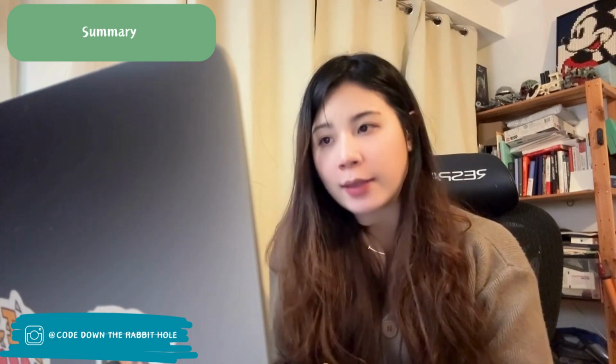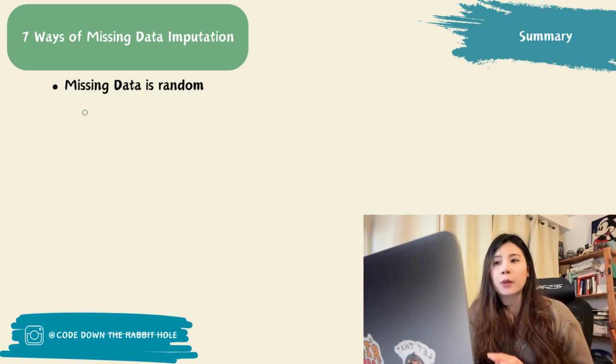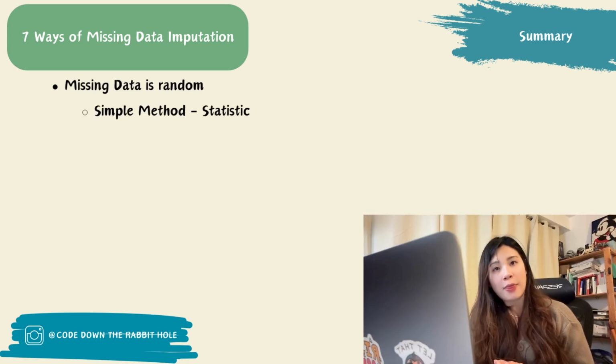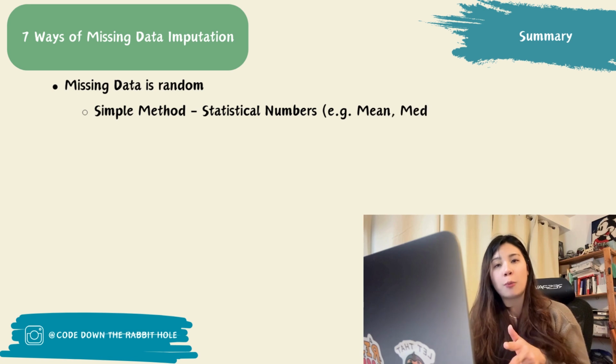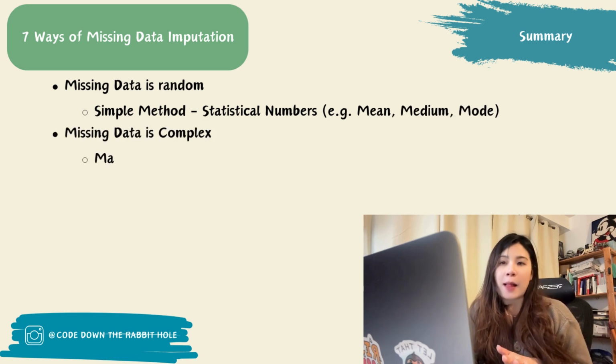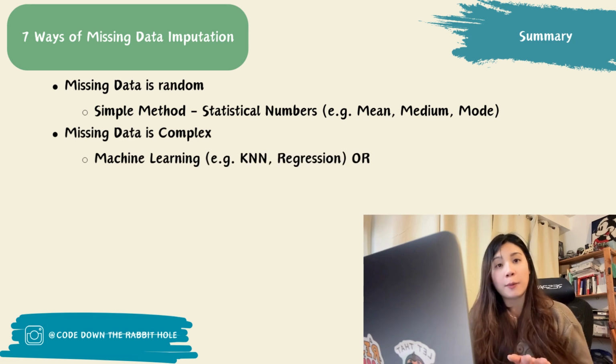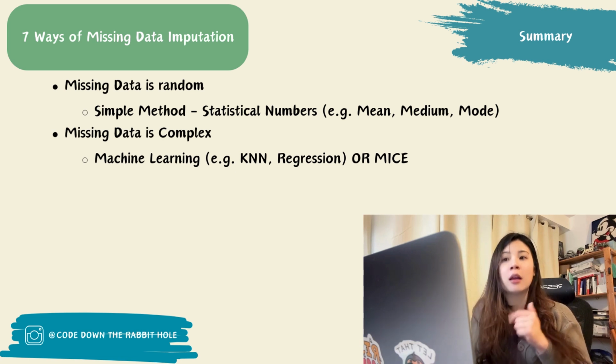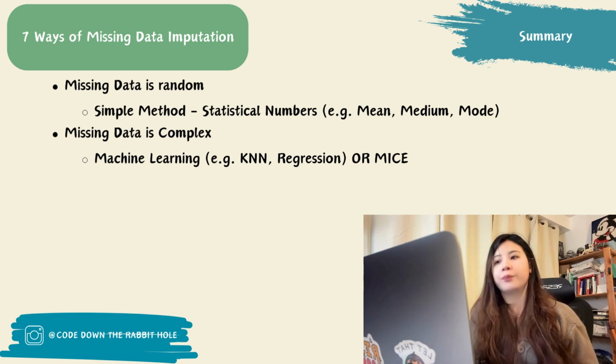To summarize, for random missing data, we typically use simple methods such as mean, median, or mode to impute the missing data accordingly. For more complex patterns, we will probably consider machine learning based methods such as KNN, regression, or MICE.